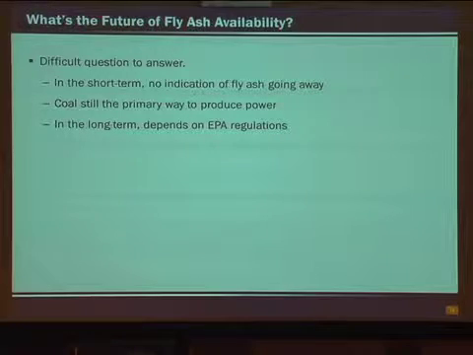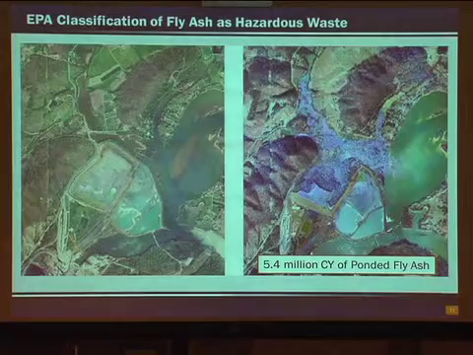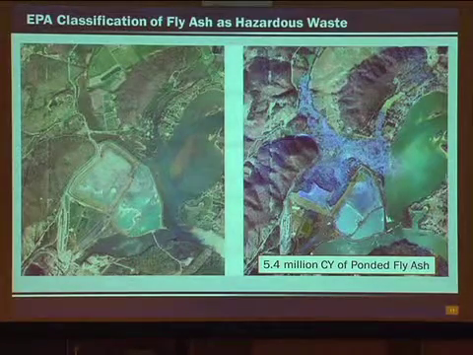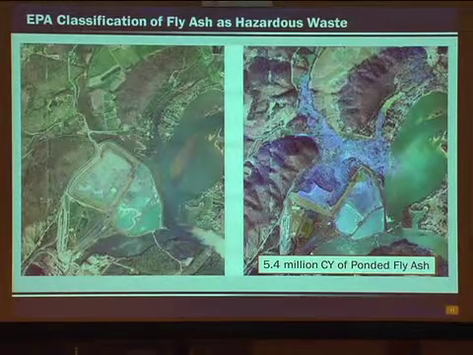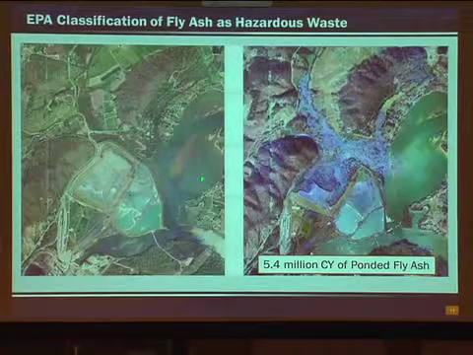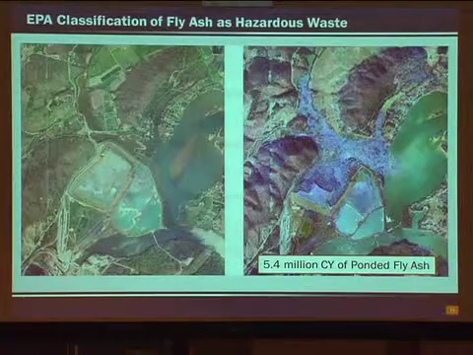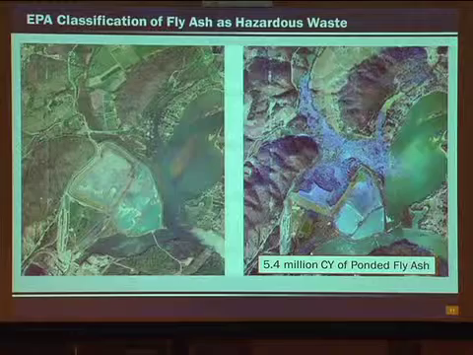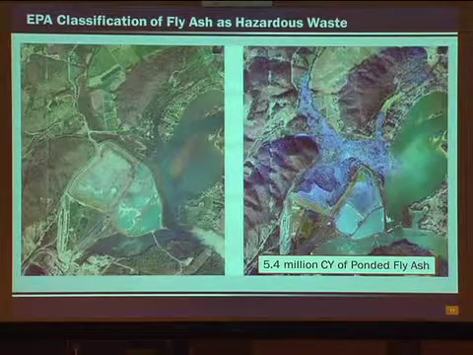In the long term, it's really going to depend on these EPA regulations and how the power plants respond to these regulations. If everyone remembers in 2008 when the whole fly ash issue got brought up, this is the Kingston fly ash pond here. It's about 84 acres.